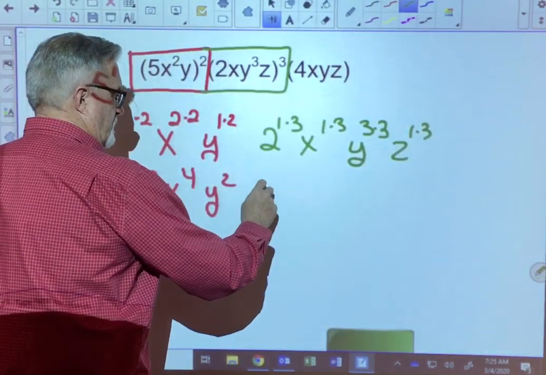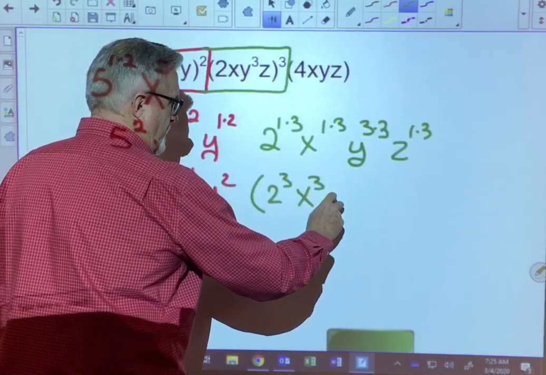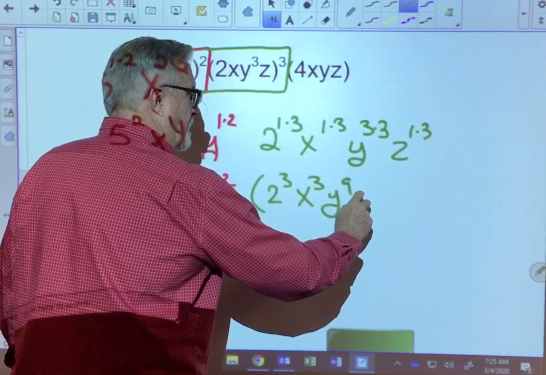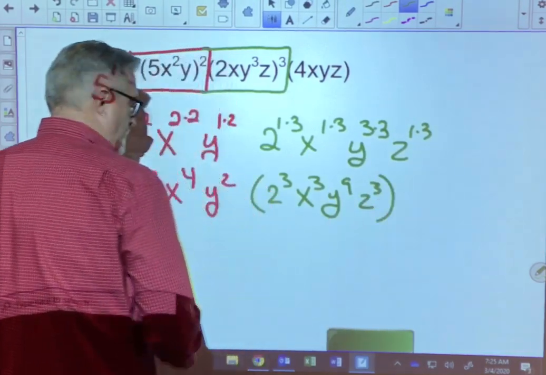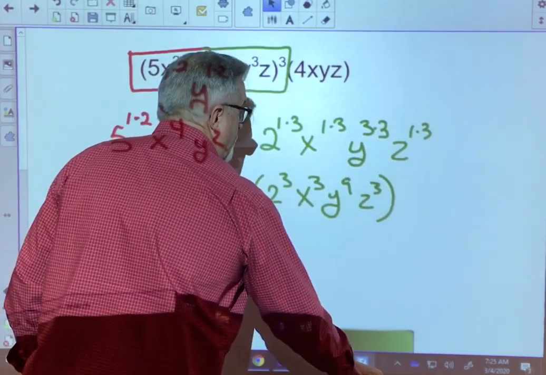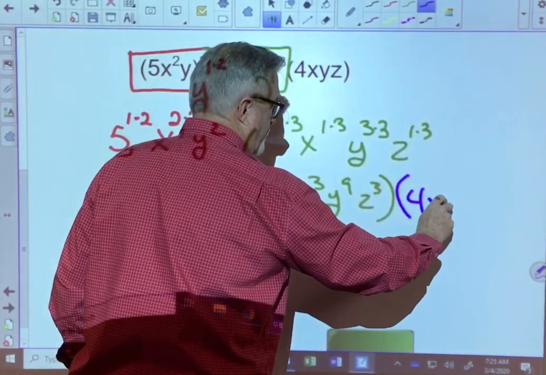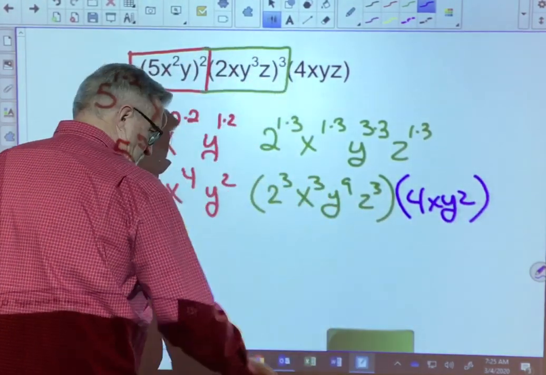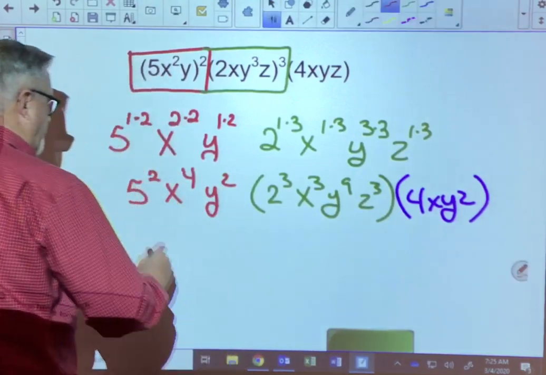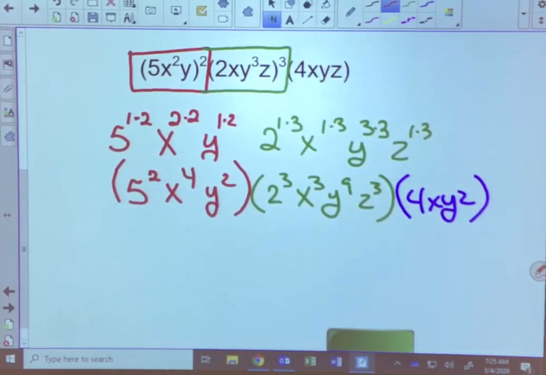So that's going to result in 2 to the third power, x to the third power, y to the ninth, and z to the third power. Then there's no power of a power here, so let's just go ahead and bring that down, which would be 4x, y, z.